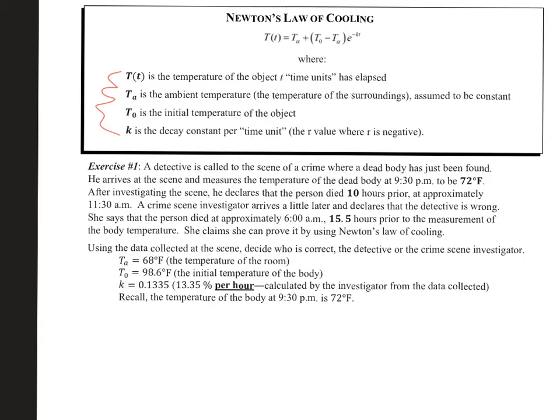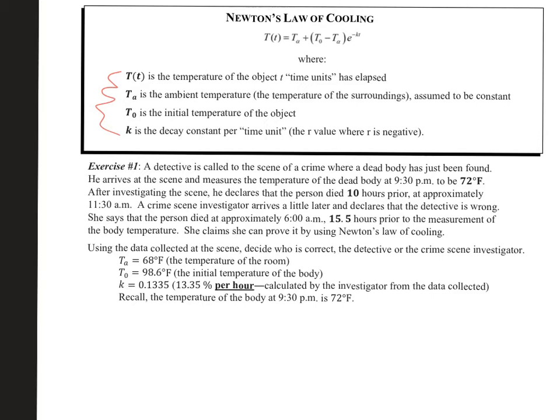So T of t, which is the left side, it's the temperature after time has passed, right? If there's an initial temperature, this would be the temperature that it ends at, or when you're trying to calculate something. T sub, and it looks like a little A, it's actually an alpha, the Greek alpha.